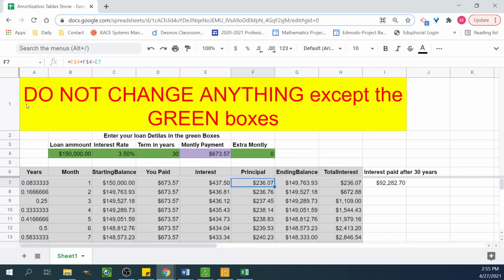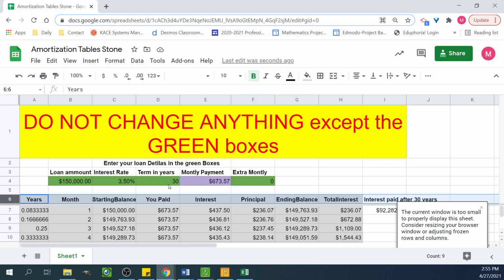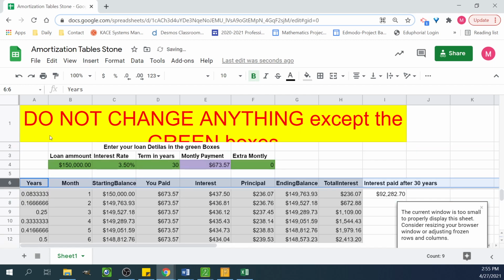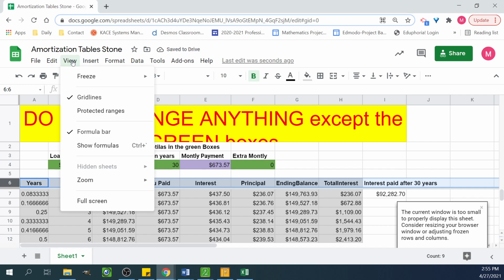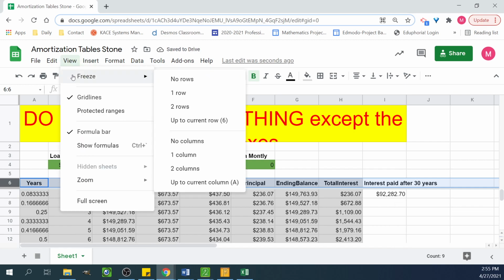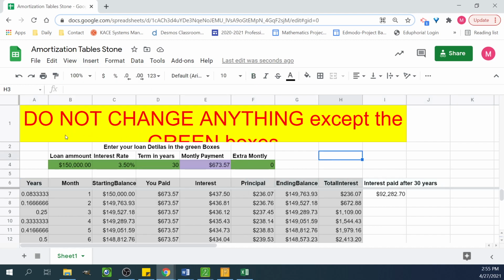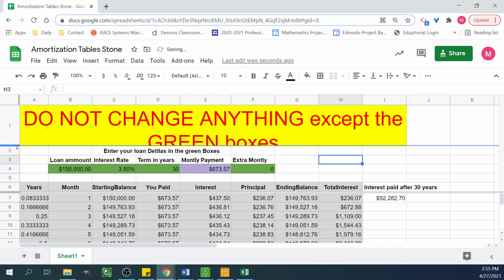I clicked the row that I wanted everything above it to stay frozen. And then I went to view, freeze, up to current row. Got it? Okay.